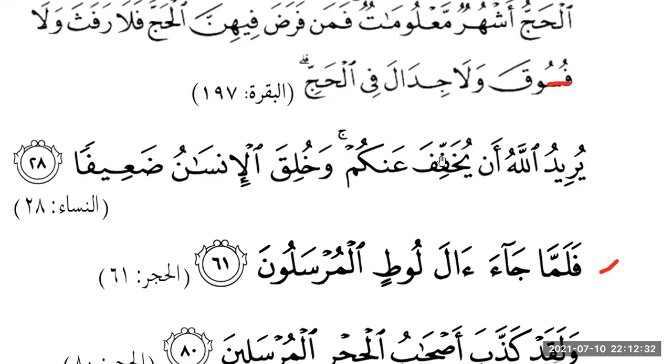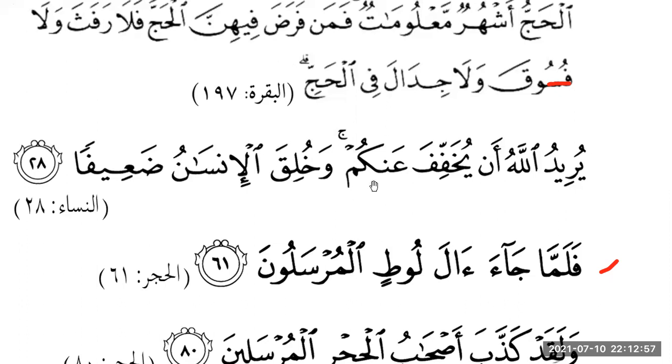That's why yukhaffifa is nasab, and an is a nasab particle. Ordinarily it's yukhaffifu, but it becomes yukhaffifa because the an makes it nasab. So Allah wants that He lightens ankum, from you or about you.